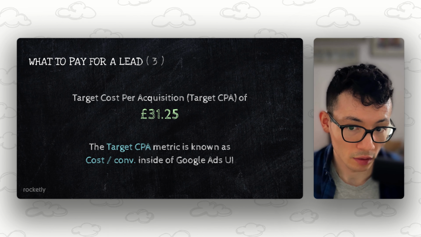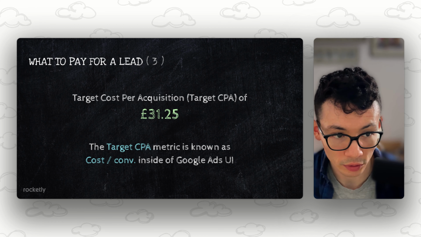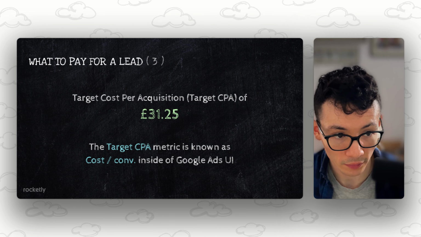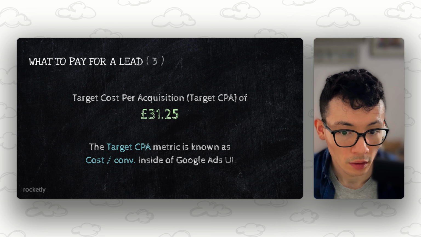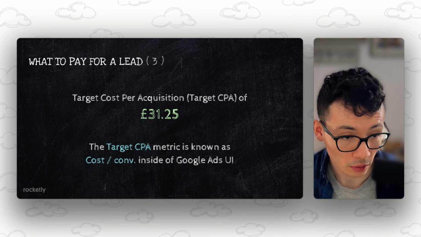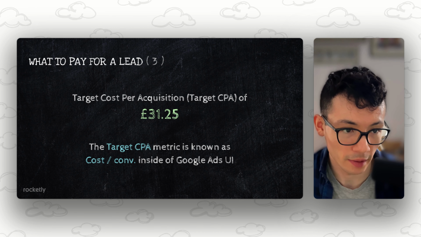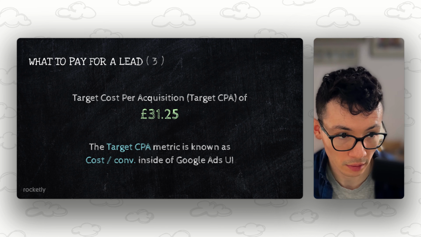This means that the target cost per acquisition, which is also known as Target CPA, should be £31.25, as I just mentioned in the previous slide. Inside of the Google Ads UI, the Target CPA metric is known as cost/conversion, which is basically the formula of calculating Target CPA.